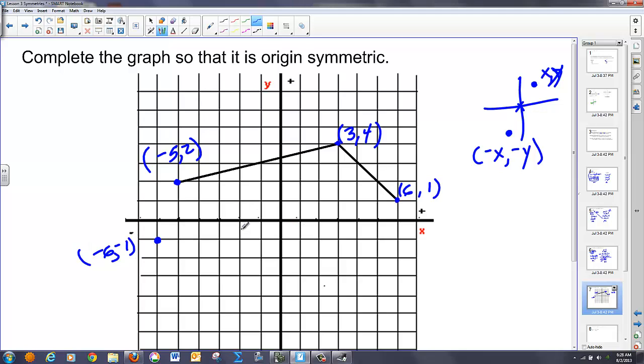The opposites of 3 and 4 are negative 3 and negative 4. And the opposites of negative 5 and 2 are positive 5 and negative 2. And you see, after connecting those dots, I have a figure that looks exactly the same as my original. It's just been reflected over the origin.